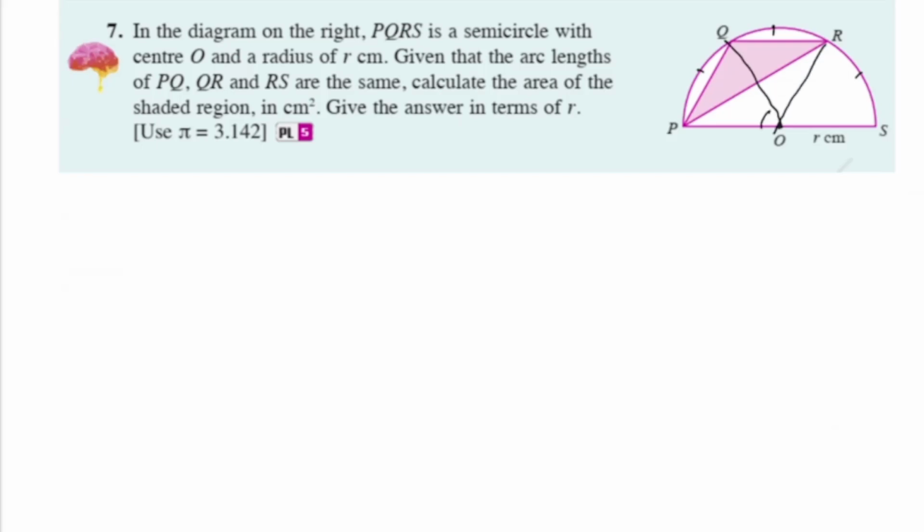We know these 3 must be the same angle, 60, right? So 60 degrees, we know it's an equilateral triangle, so all 3 are equilateral, right? And we're supposed to calculate area of shaded region. Now if it's equilateral, because these are the radius, all of them are 60, so this is 60 as well.